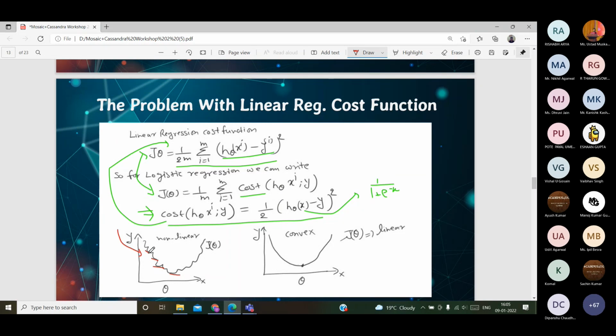So we can assume that this is our global minima, but that is not the case. The global minima is here. So that is the problem with the linear regression cost function. We wanted something like this, but we cannot get it with the linear regression cost function.